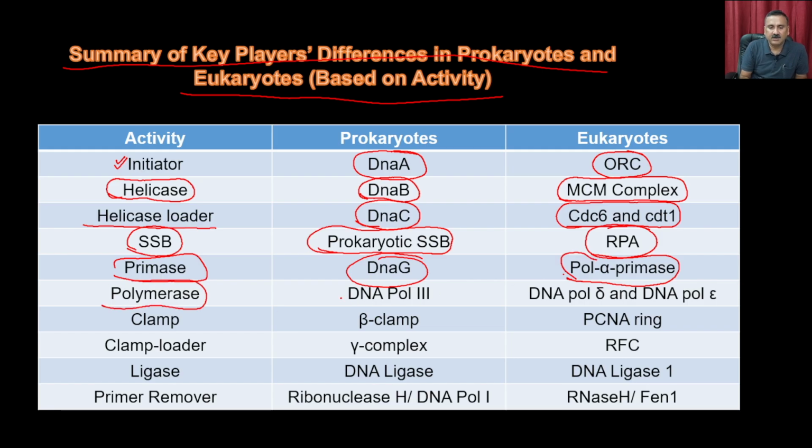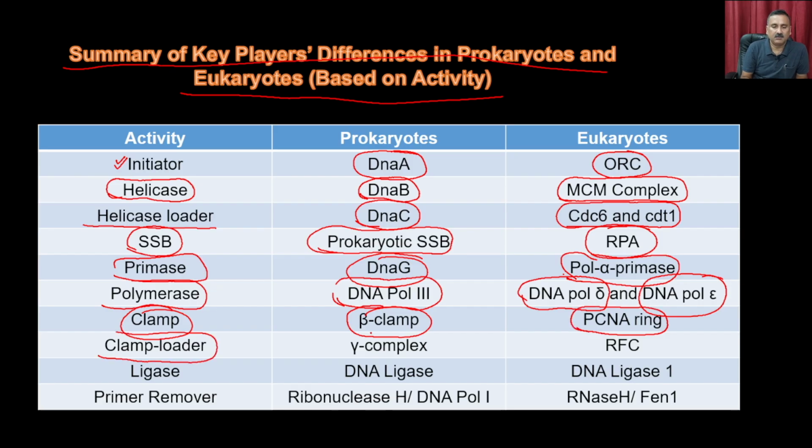You have DNA Pol 3, the main polymerase required for replication in the prokaryotic system, whereas in eukaryotes you have DNA Pol delta and DNA Pol epsilon. For the clamp, you have the beta clamp, whereas in eukaryotes you have the PCNA ring. Then we have the clamp loader, which is the gamma complex, whereas in eukaryotes you have RFC.